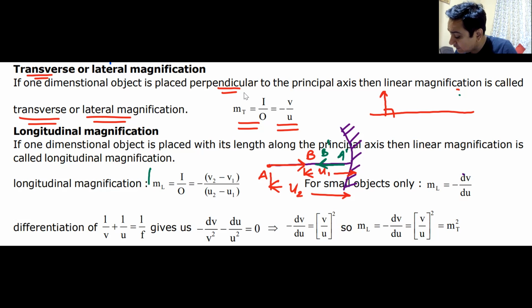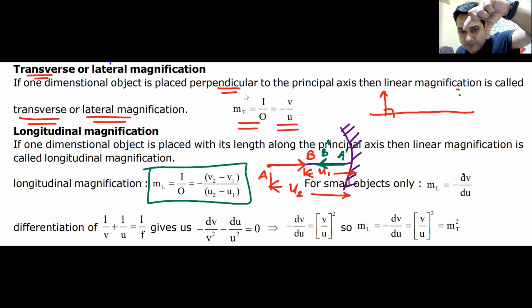So in this case, the lateral magnification will be written like this: v2 minus v1, which is the length of the image, divided by u2 minus u1, which is the length of the object. I'm not calling it height because height is like this. This is length, this is height. So length of the image divided by the length of the object. Do we understand this?